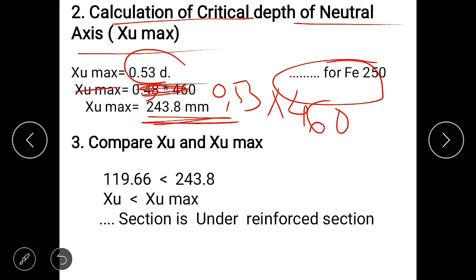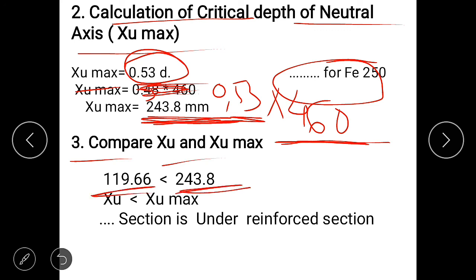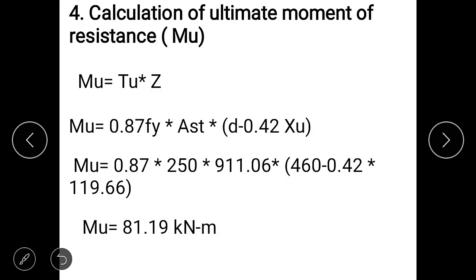Compare XU and XU max. XU is 119.66 and XU max is 243.8. So XU max is greater than XU, and the section is considered an under reinforced section.